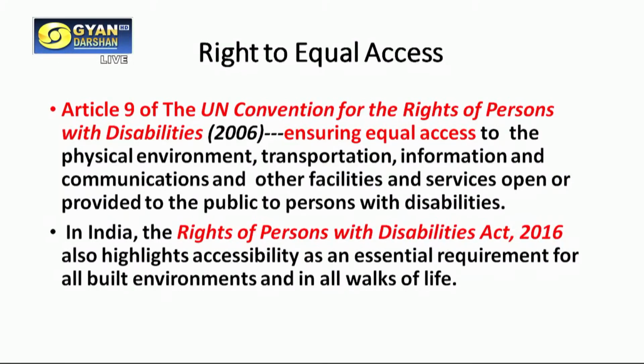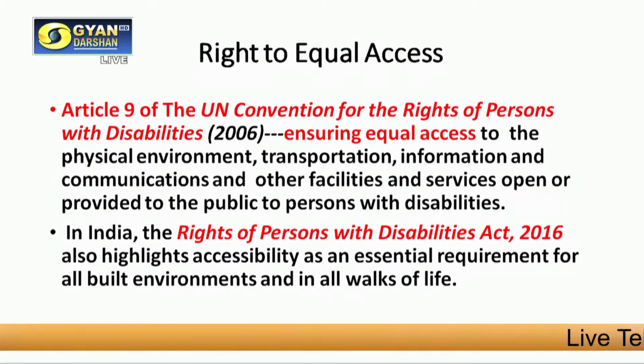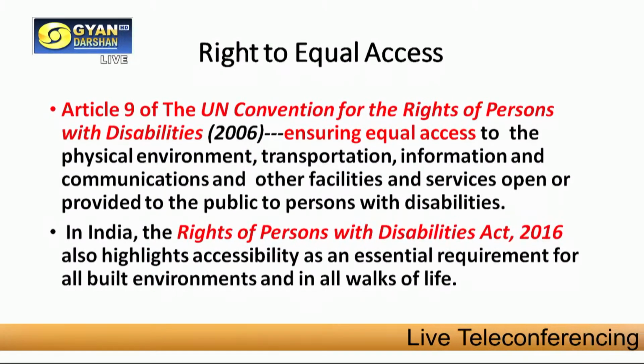And for this, accessible environments, accessible technology, and universal design will play a very, very important role. So it's important to bear in mind that Article 9 of the United Nations Convention on the Rights of Persons with Disabilities, which we have discussed in great detail in earlier programs, ensures equal access to the physical environment, transportation, information, communications, and other facilities and services open or provided to the public to persons with disabilities.